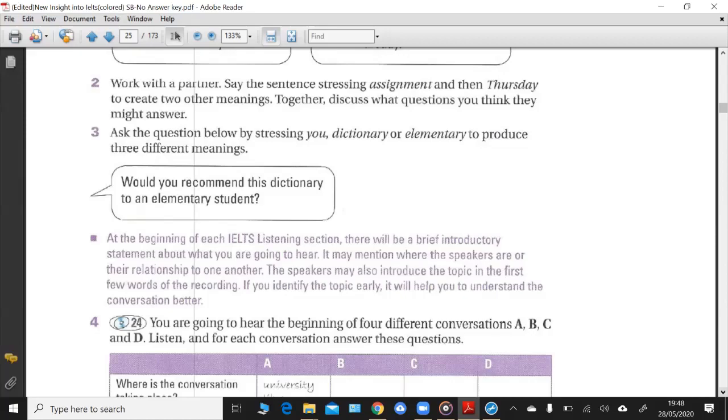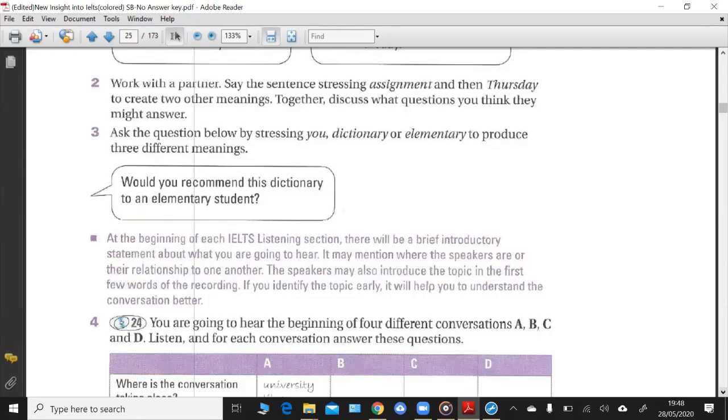Would you recommend this dictionary to an elementary student? The second one: would you recommend this dictionary to an elementary student?